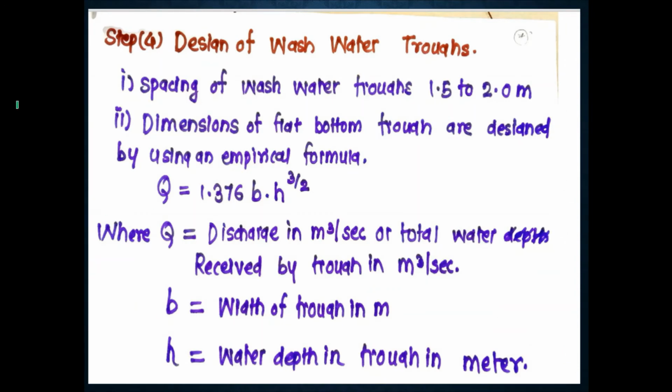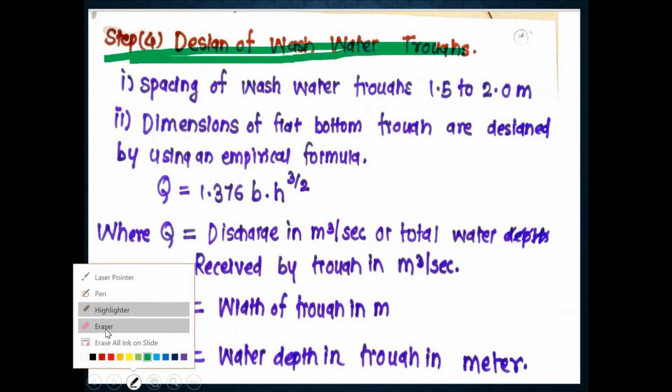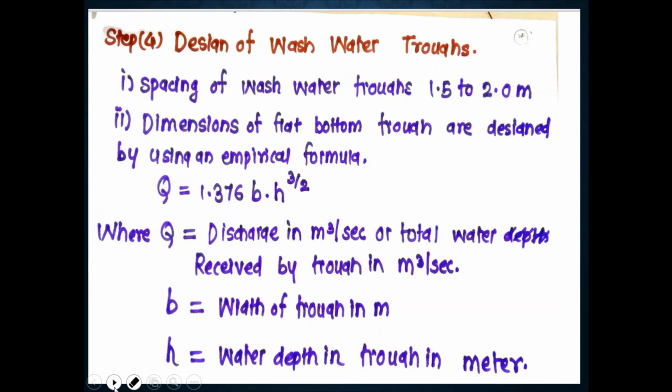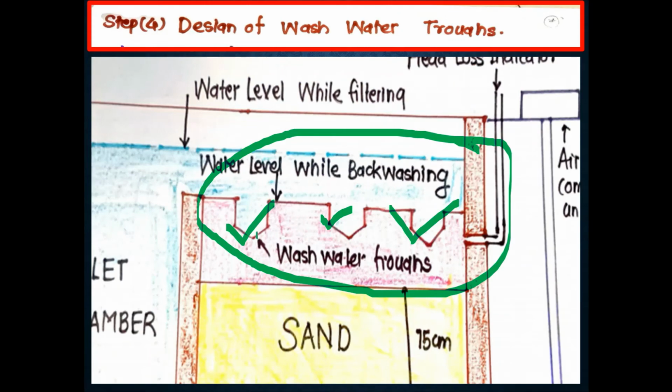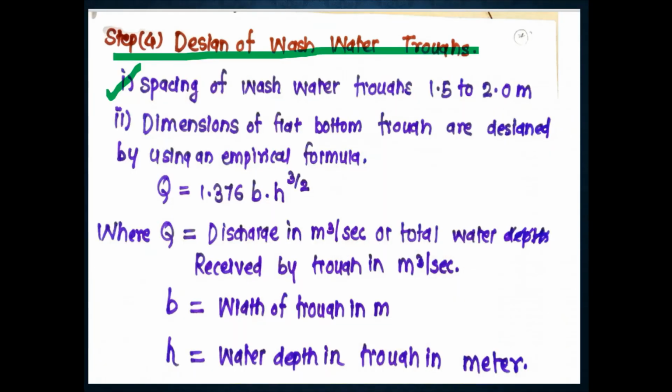In the design of wash water troughs, step number 1 is the spacing of wash water troughs, which should be 1.5 to 2 meter.